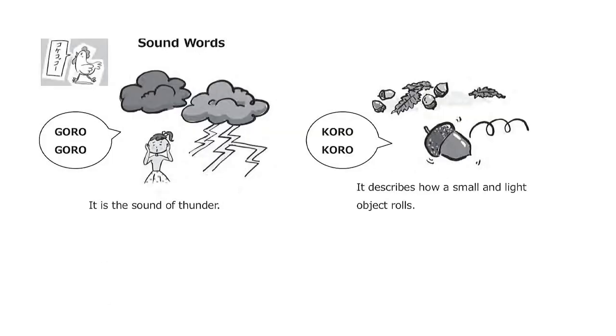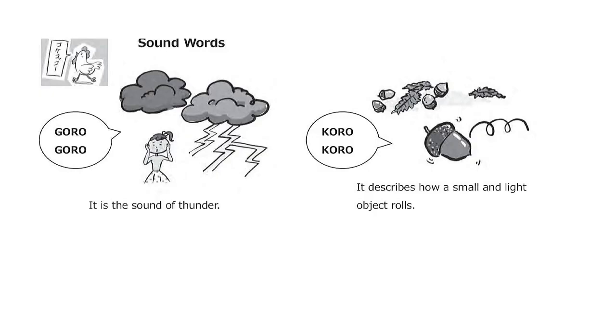Next up, we have sound words, where we introduce words that simulate sounds, noises, or behaviors. Wow, better not step outside. That's thunder, isn't it? Yes, in Japanese, this is described as ゴロゴロ.